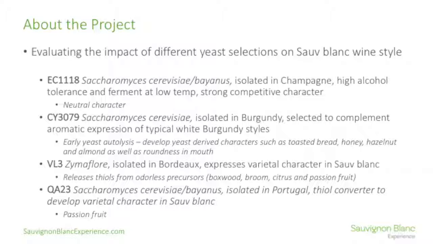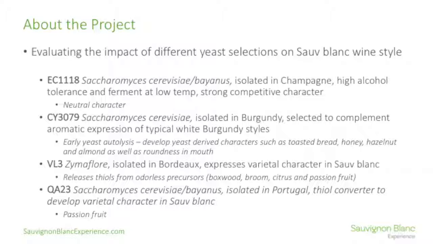If something goes wrong with our control, we will be very worried and start problem solving. But if our control is performing the way we know it should, then we know whatever is happening is part of the treatment condition. It's not anything we need to adjust in the winery. So this is why we always use EC-1118 as one of our selections.